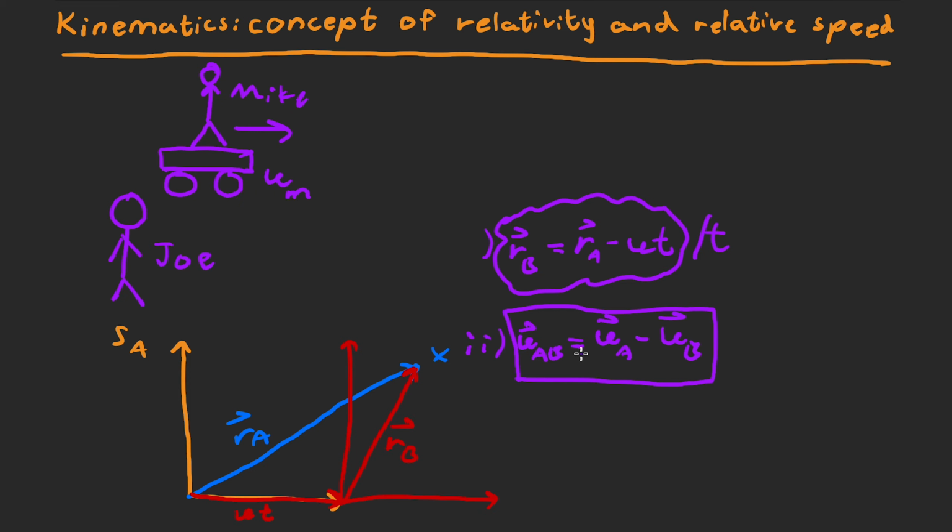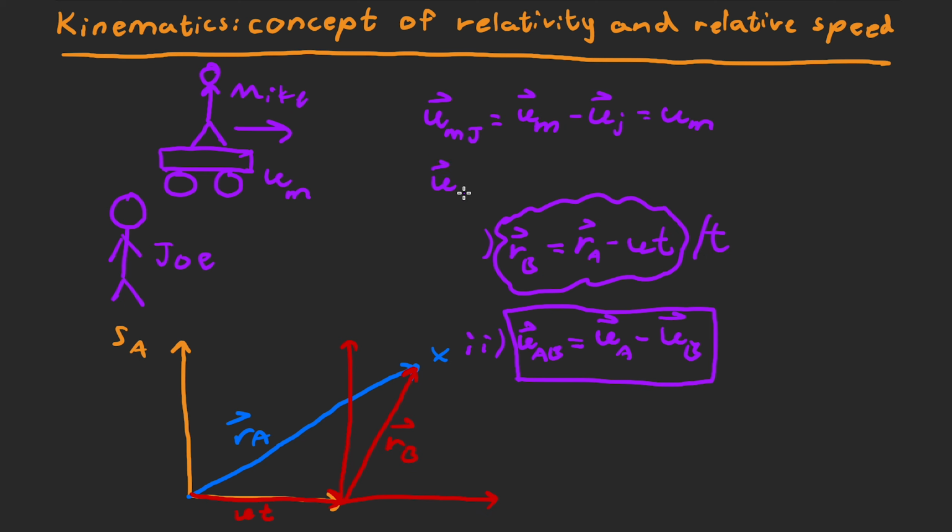And you can see this from the equation. The relative speed of Mike relative to Joe is the difference of Mike's speed minus Joe's speed. And since Joe is stable, this is just Vm.